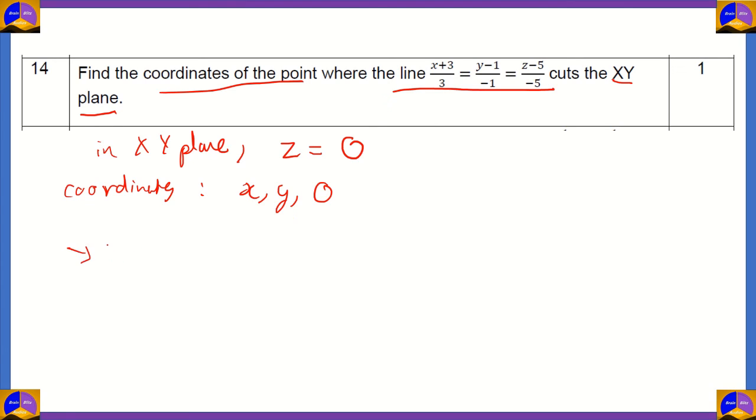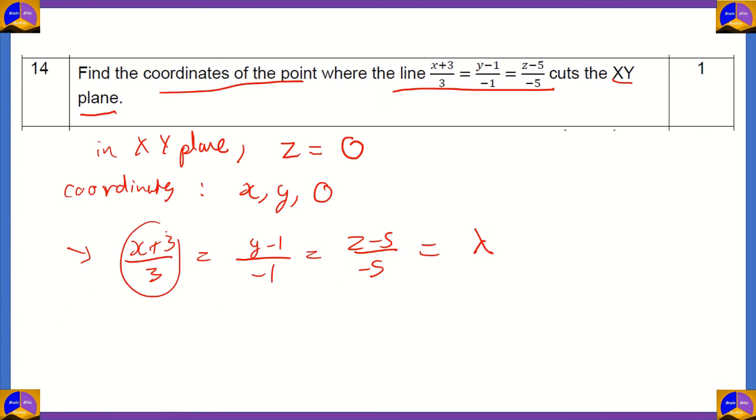Now here in the equation, we have the coordinates of a point in the Cartesian form. (x plus 3) by 3 equals (y minus 1) by minus 1 equals (z minus 5) by minus 5. Let's consider that as equal to some constant lambda. So each of these is equal to lambda.